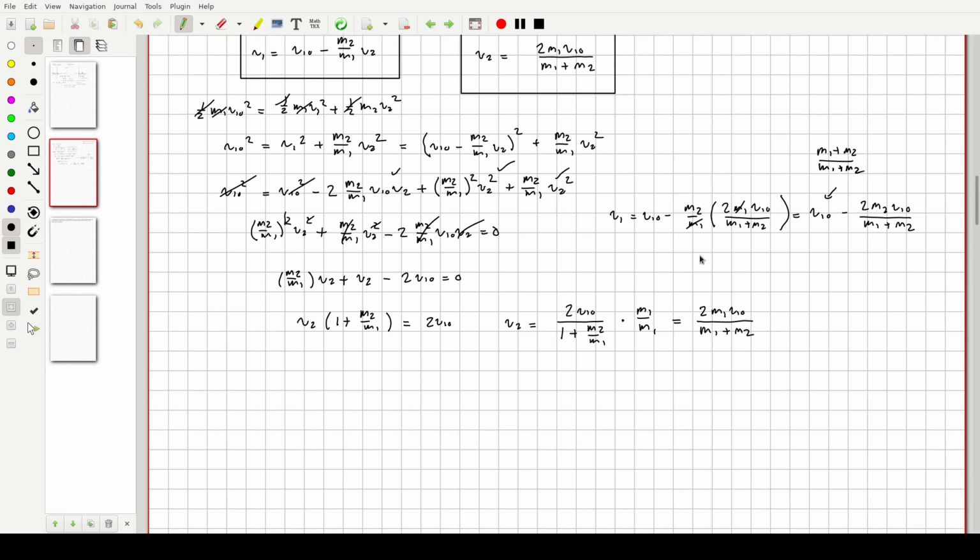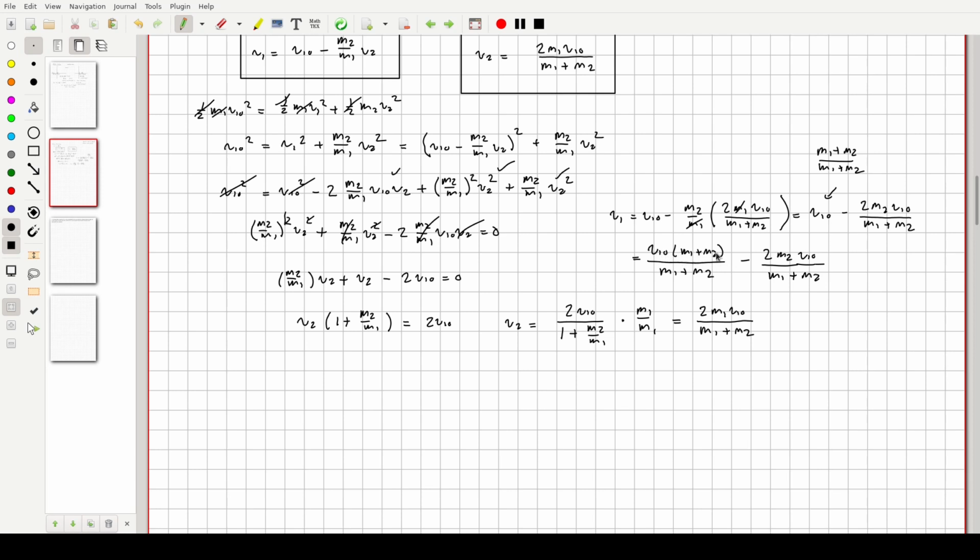So that would make the right-hand side of this equal to V1 naught times (M1 plus M2) divided by (M1 plus M2), minus 2 M2 V1 naught divided by M1 plus M2. Now what's going to happen here is this V1 naught is going to go through.